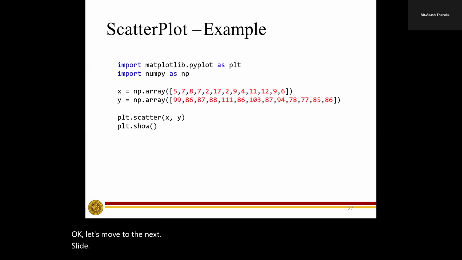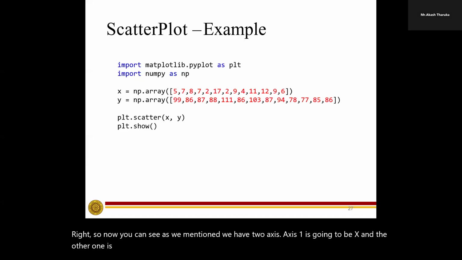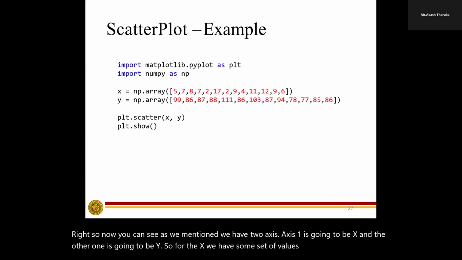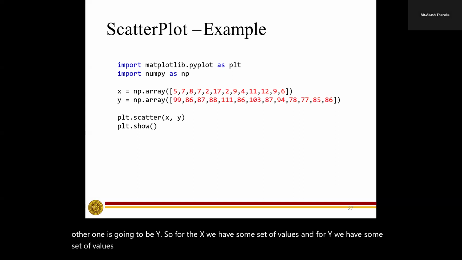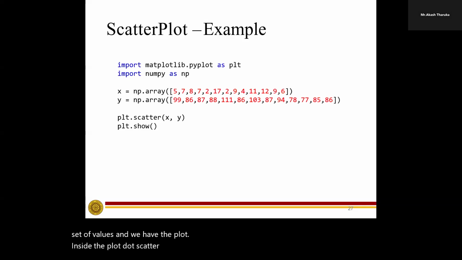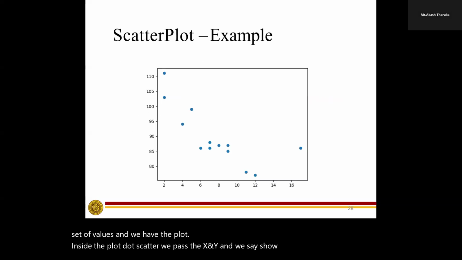Right. So now you can see, as we mentioned, we have two axes. One is going to be x and the other one is going to be y. For the X, we have some set of values, and for Y, we have some set of values. And we have the plot. Inside plt.scatter, we pass the X and Y, and we say show, right? If you do something like this, this is how it's going to look.